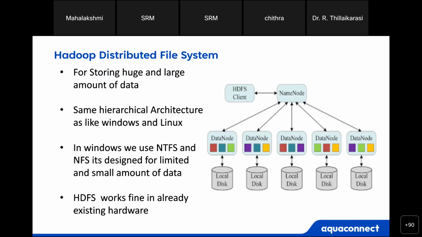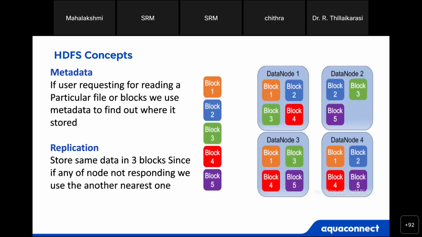As already told, NTFS and NFS are designed for a small amount of data, and HDFS is for a large amount of data. It works perfectly fine in our local system itself. It does not require any additional hardware or any kind of special system.